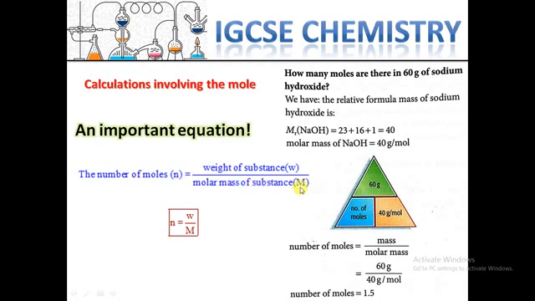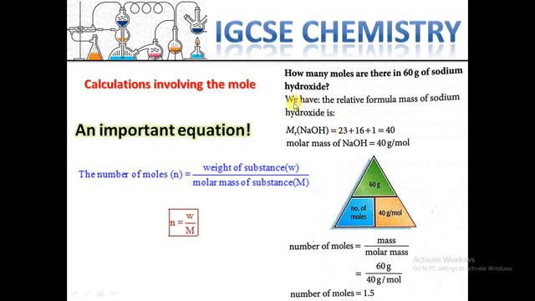This is molar mass M. So the molar mass of sodium hydroxide is 23, which is the mass number of sodium, oxygen is 16, and hydrogen is 1. Totally is 40. 40 gram per mole is the molar mass, and we learned how to calculate.